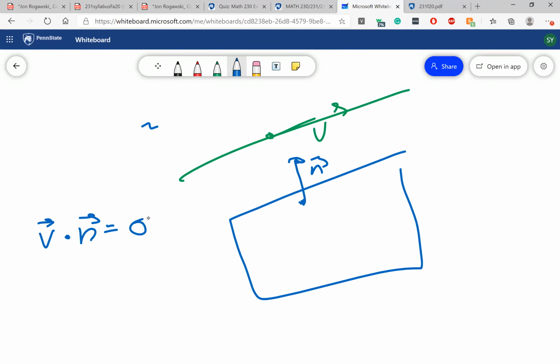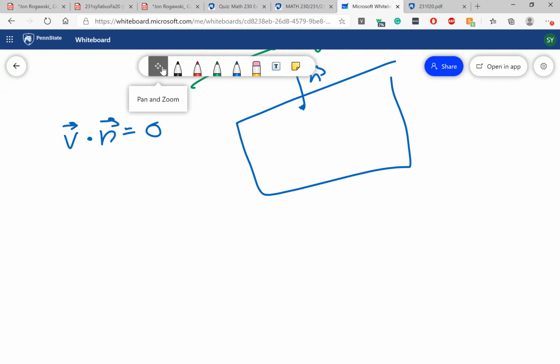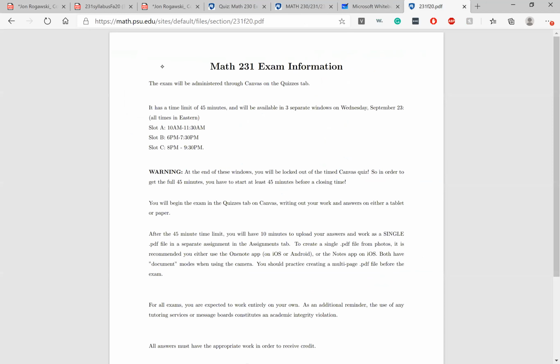So in the actual problem, they give you the points.